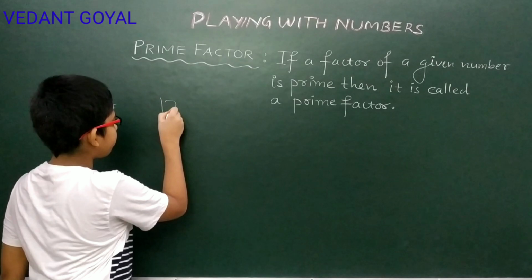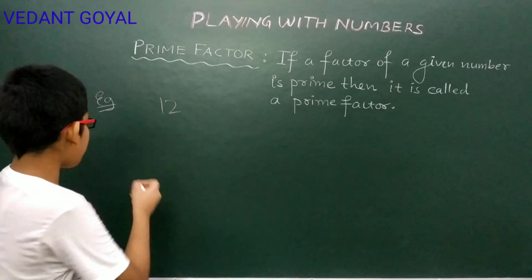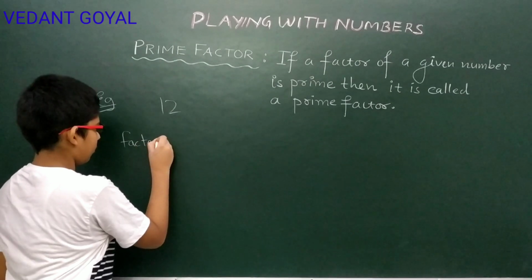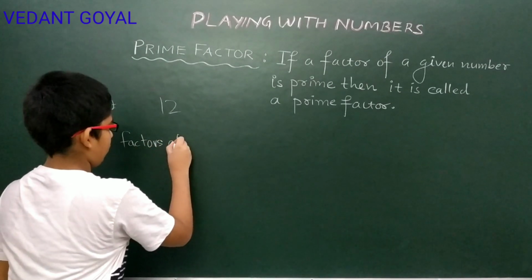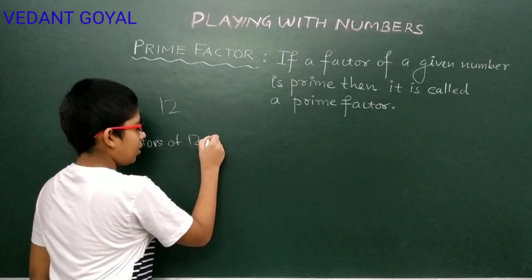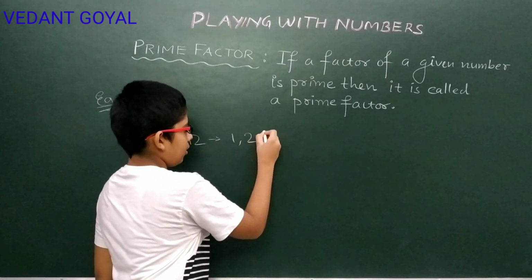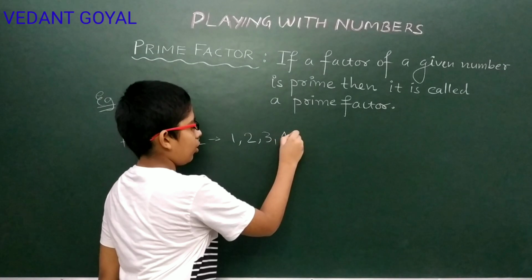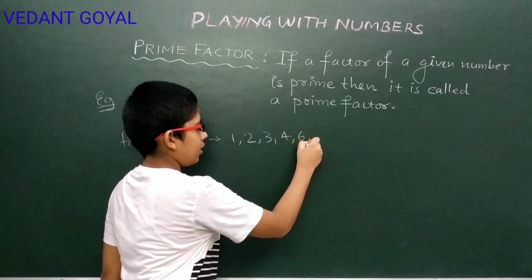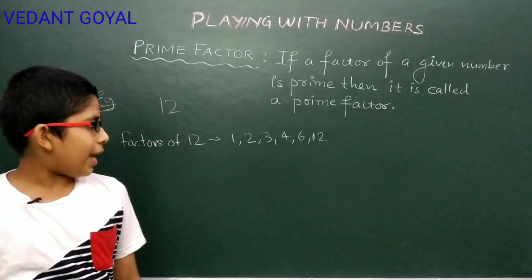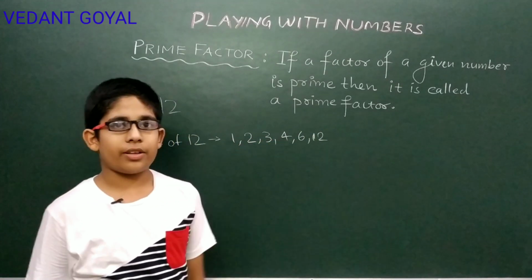12. What are the factors of 12? They are 1, 2, 3, 4, 6 and 12. So we have to find the prime factors here.